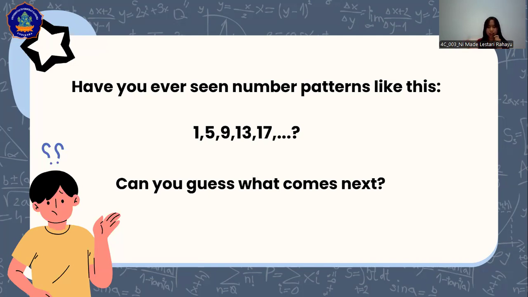Can you guess what comes next? Yes, the next number is 21 because the pattern increases by 4 each time. So, today we will learn how patterns like this work in mathematics.